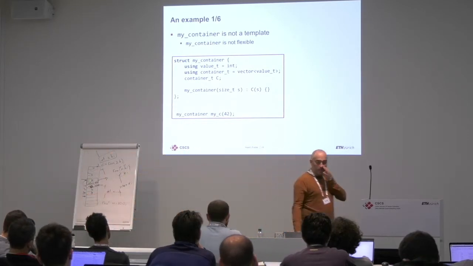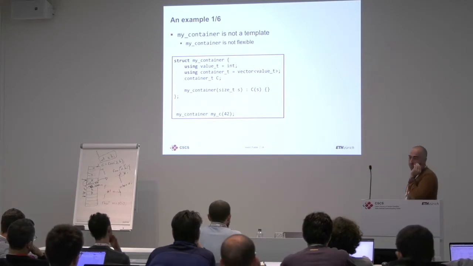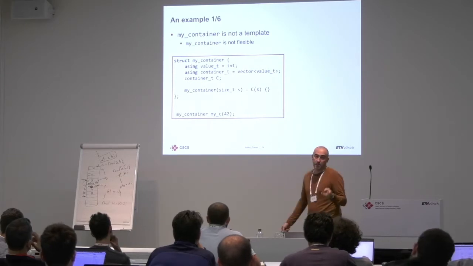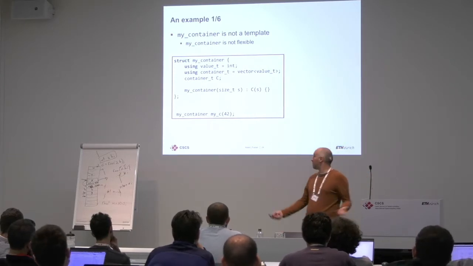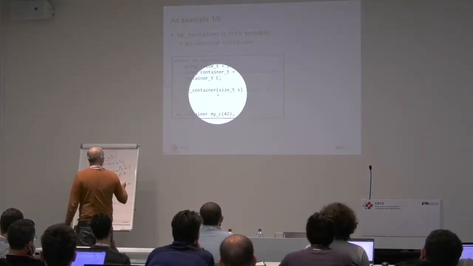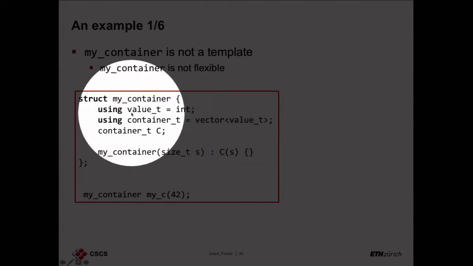So why do we want to use template template parameters, basically? Suppose I have a container class, right? My vector, whatever. And I want my container to basically be a container of T, a vector of a certain value type T, and the value type is an integer.